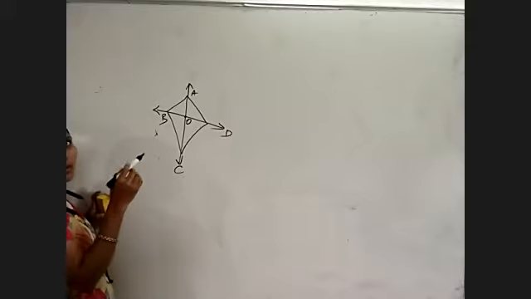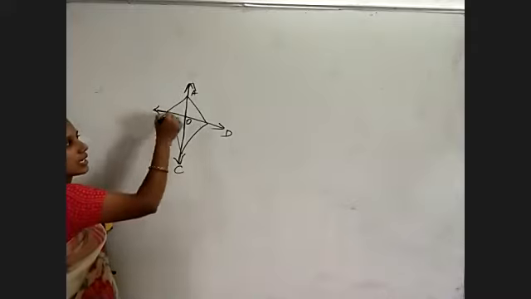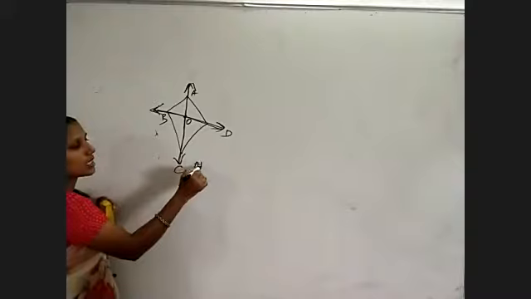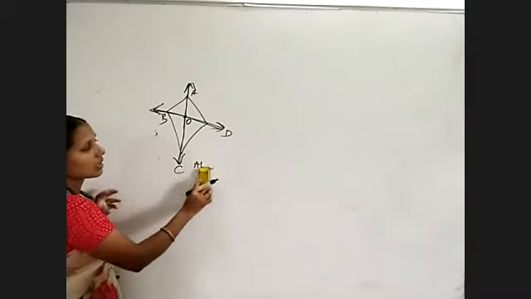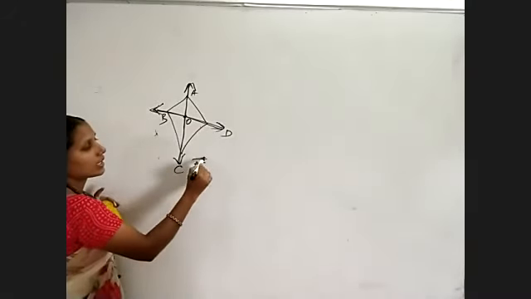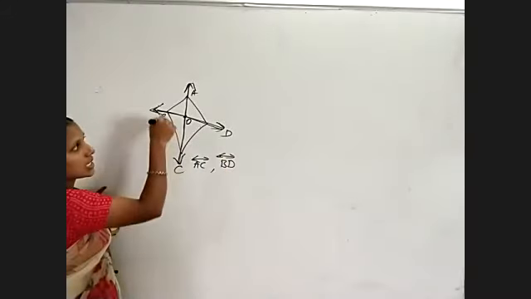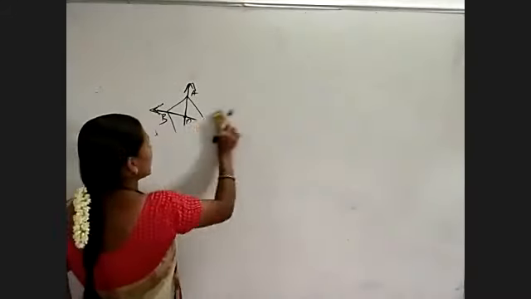A line is nothing but both sides arrows we must read. So A, C, 2 arrows, and this side also 2 arrows, B, D. Still any more? No, we have 2 lines, that is A, C and B, D. That's all. And next question.